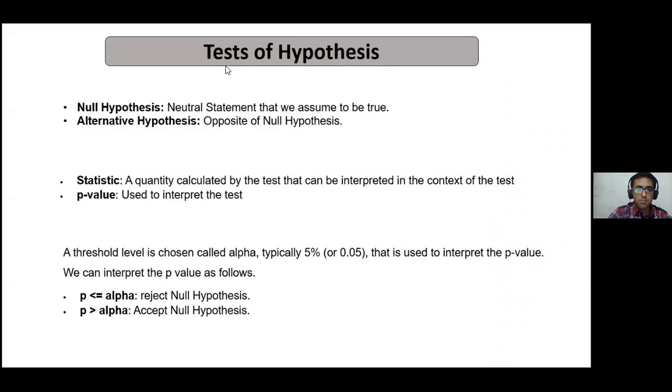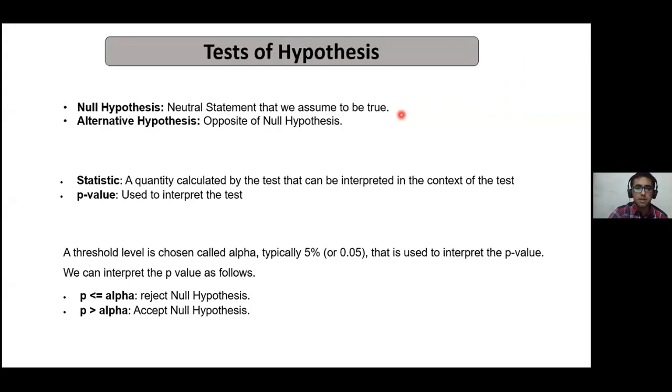In testing of hypothesis, there are a few major things that we need to keep in mind. First of all, the hypothesis. Hypotheses are of two types: either the null hypothesis or the alternative hypothesis.